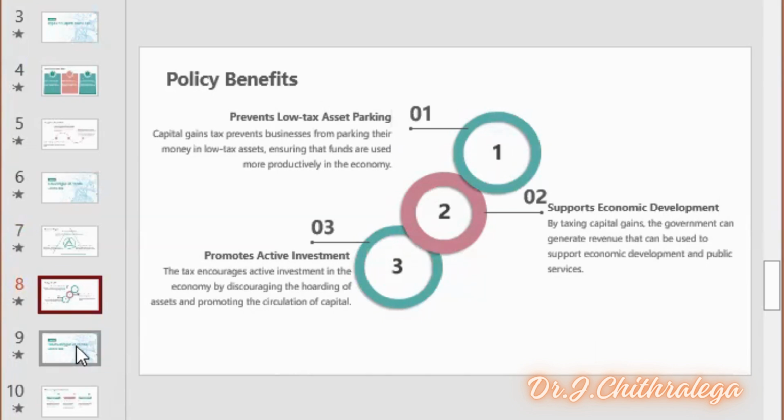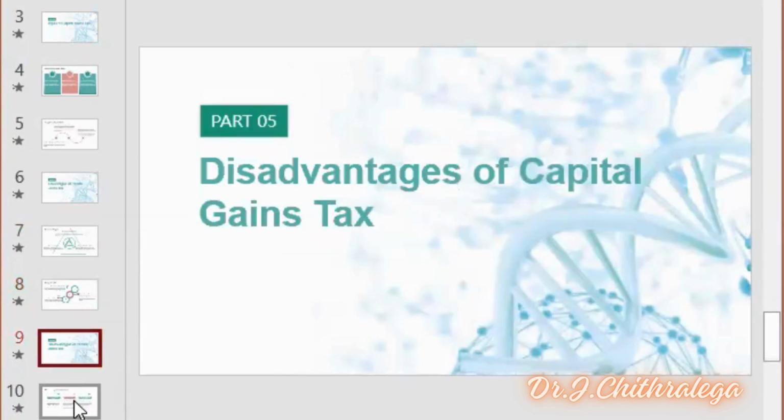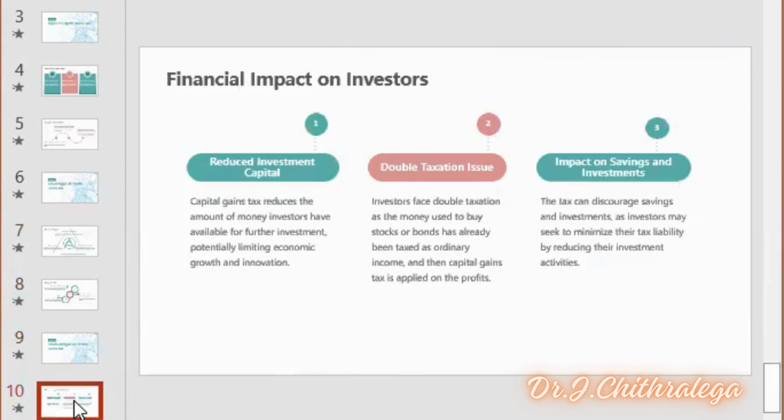Let's see what the disadvantages of capital gain are. Actually here it results in the investor having less money, which could otherwise be saved or invested in stocks and bonds. This greater investment could help the economy develop. Businesses have less money to expand and innovate, which makes it more difficult to create new jobs.